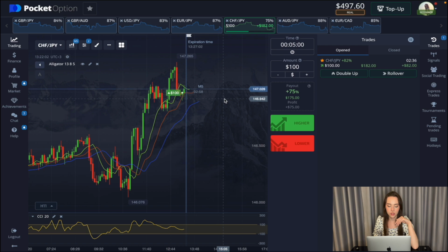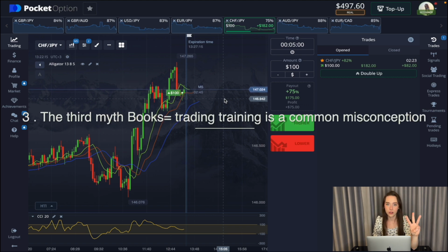Trading on the stock exchange requires concentration and strict compliance with the rules. Numbers rule here, not emotions. And the third myth is that books are trading training.